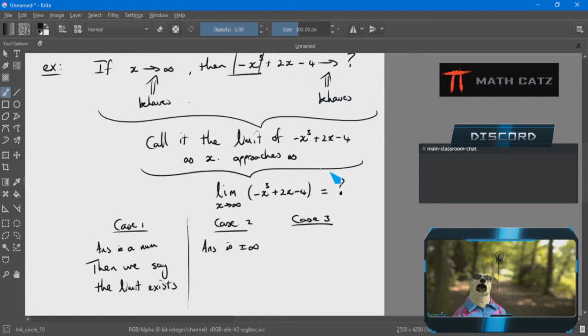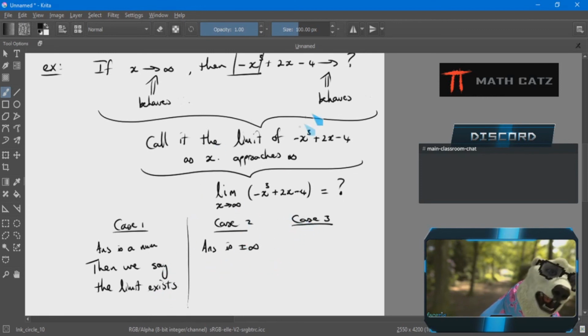It keeps growing up or down. So even though it seems like I have an answer, that answer is just an indication of behavior. Technically, I only have a proper answer if it's a number, if I get, in this case, a horizontal asymptote.